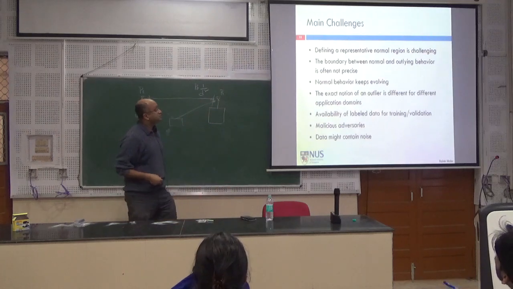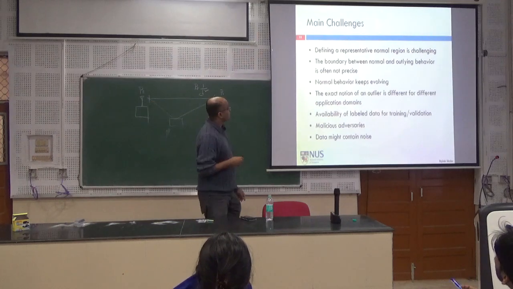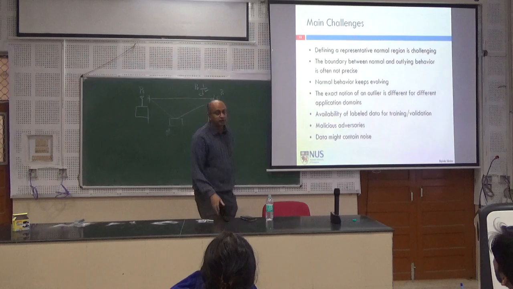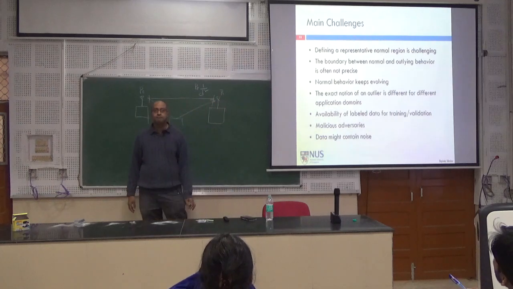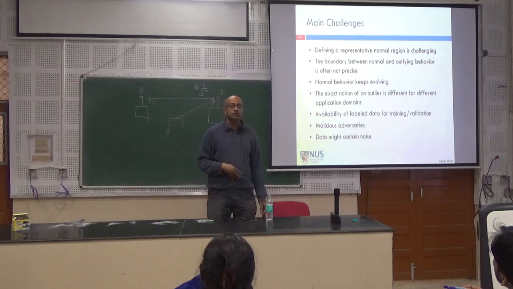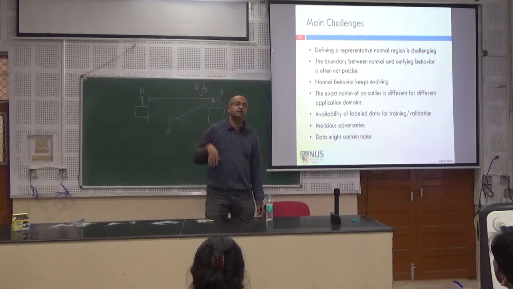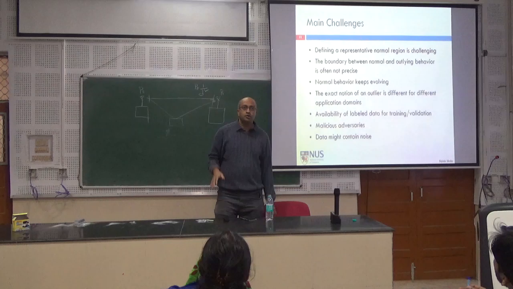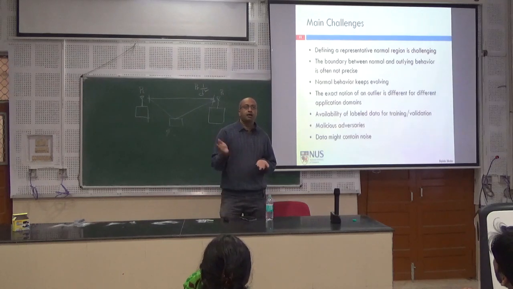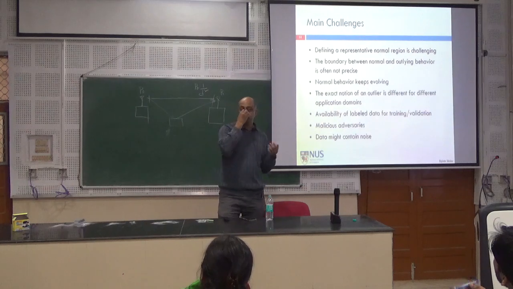So the main challenge is this, right? The first thing is, how do you define what's normal? And I'll give you an example. We're talking about credit card fraud, right? So I usually live in Singapore. Before that, I lived 15 years in the US. So I have credit cards which are American cards. And I usually don't use them.